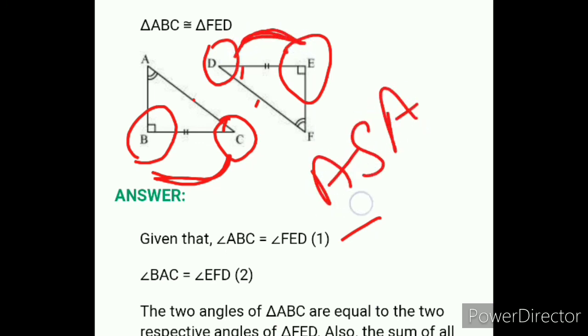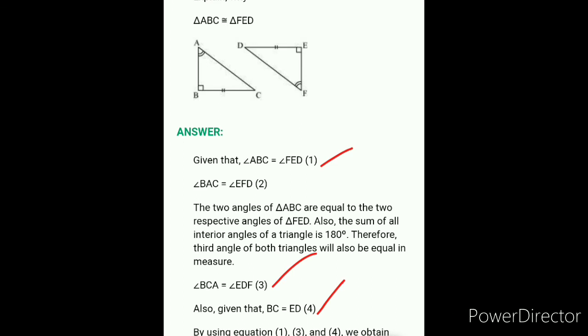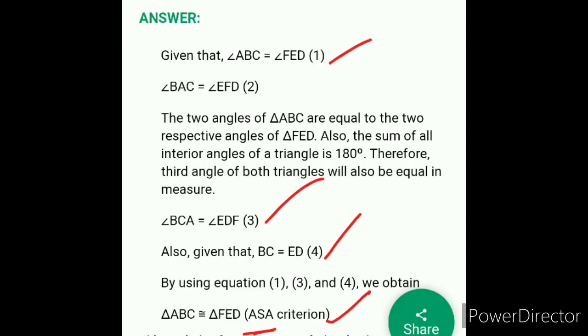ASA: two angles and the included side, understand? So ASA is applicable. For that purpose only we found angles C and D. We proved these two angles are equal using these two equal angles. Got it? So using these conditions we can say that the two triangles are congruent by the ASA criterion. That's all. Copy down.